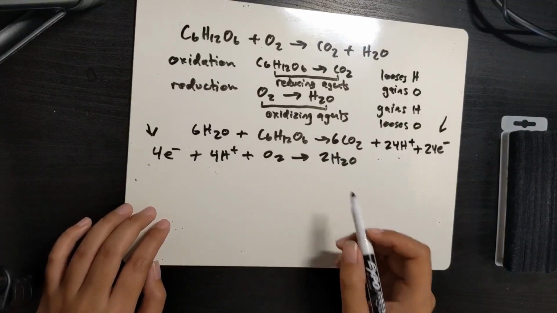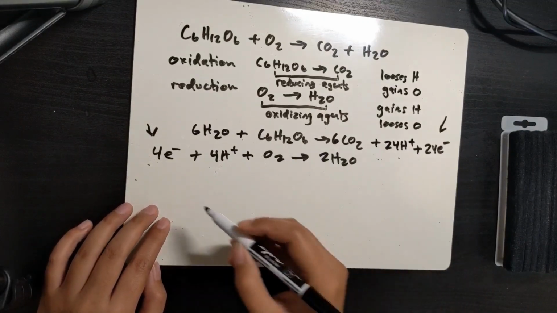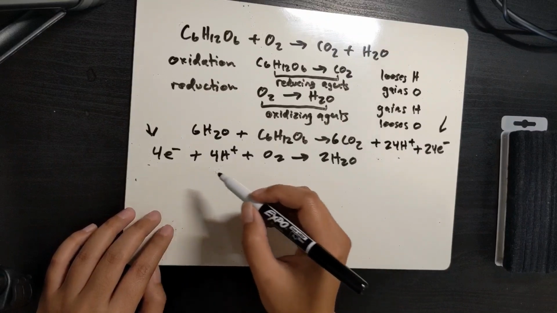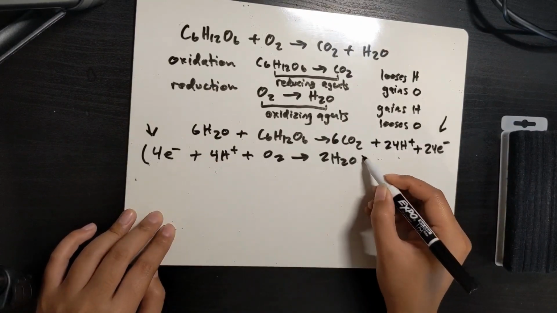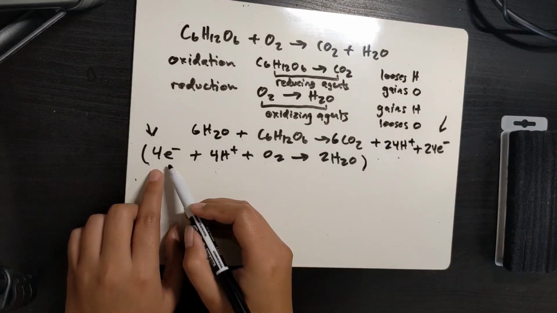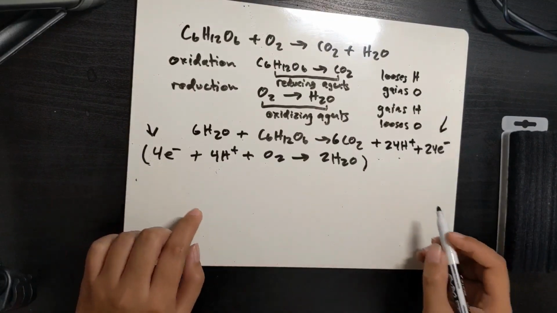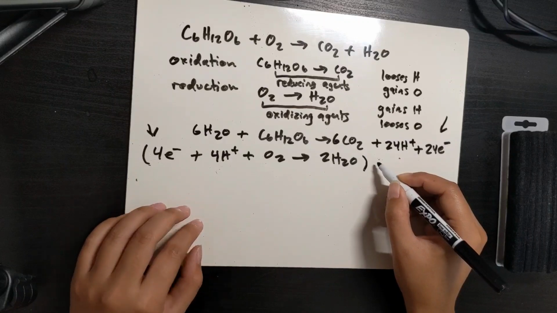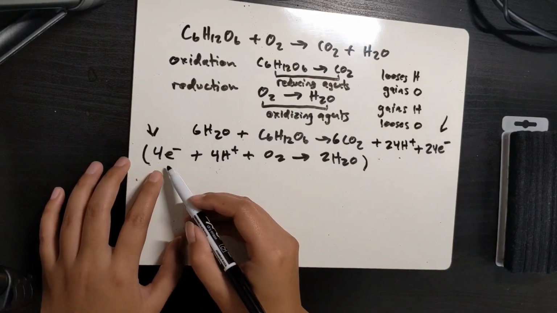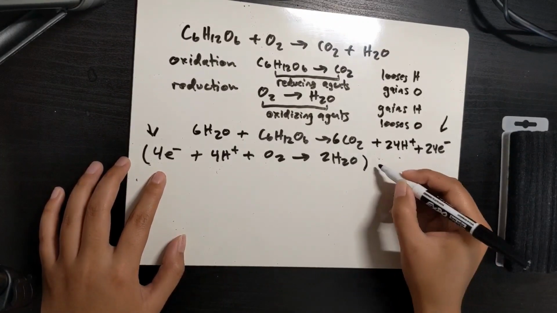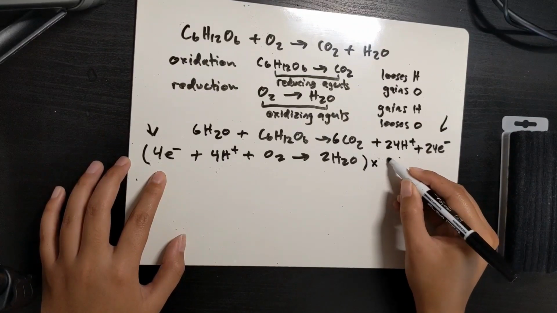Now that our two half reactions are balanced, the next step would be to make sure our electrons are equal so that we can cancel them out in our final overall reaction equation. To get 4 electrons equal to 24, we're going to have to multiply by a factor of 6.